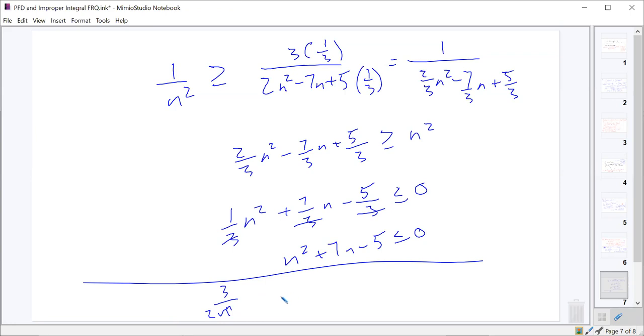Let's see. 3 over 2n squared. As n gets larger, this denominator is going to get smaller.